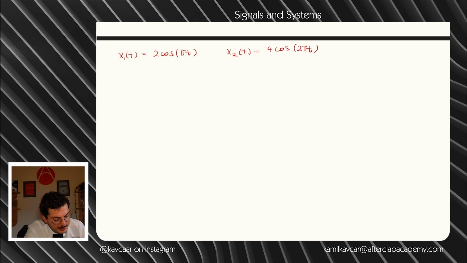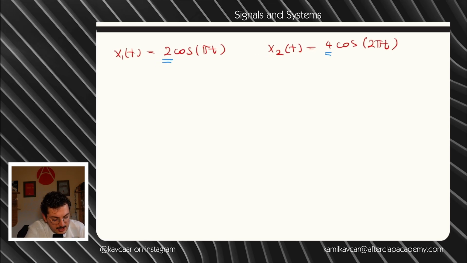Before anything else, the first thing that gets my attention is the fact that their magnitudes are different. This x1 function has 2 as the maximum value and minus 2 as the minimum value, and this one has 4 as the maximum and minus 4 as the minimum. Right here we also have the angular frequency. Whatever you have in front of the independent variable is your angular frequency.